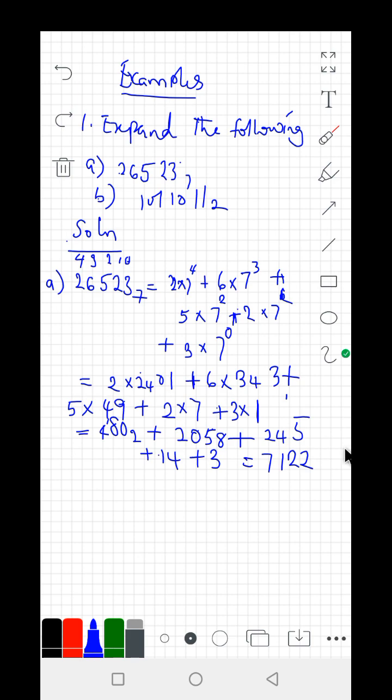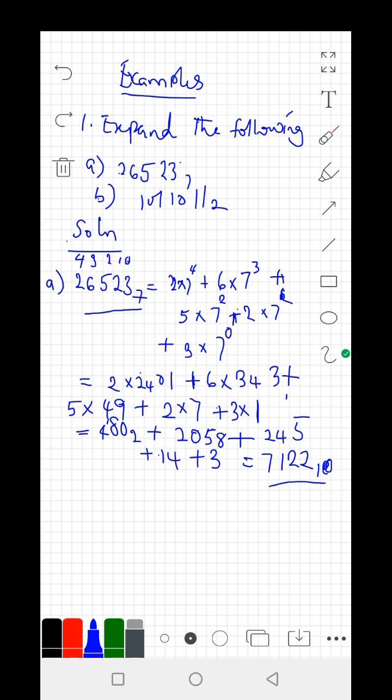So this expanded form will give you the final result, which is in base 10. So if you are given a number in base 7 to convert to a number in base 10, you follow through this expansion and that will give you the answer.